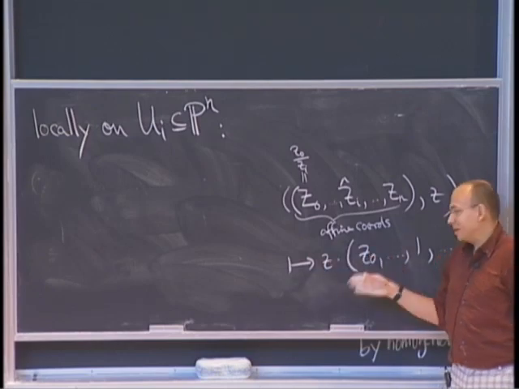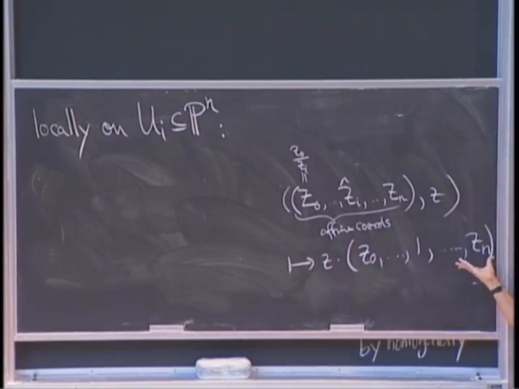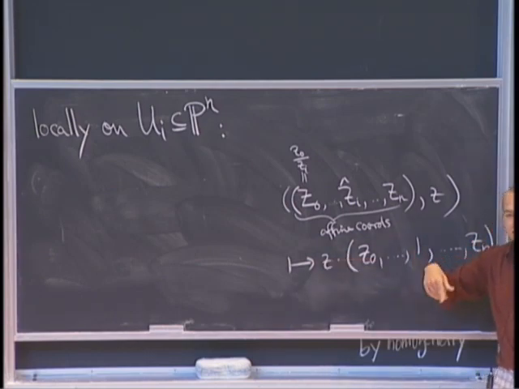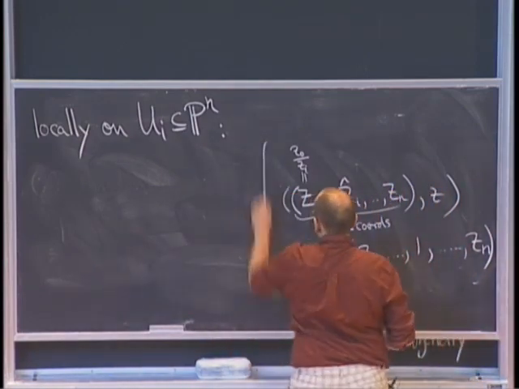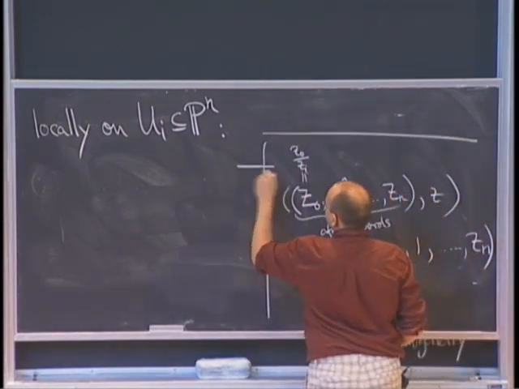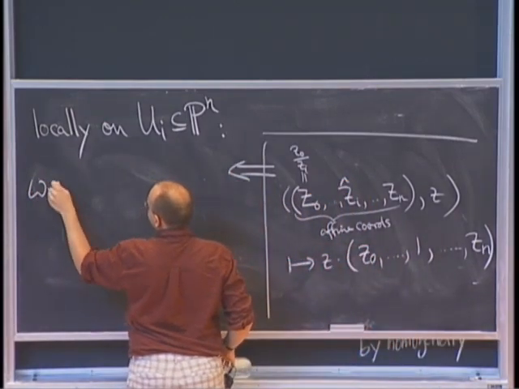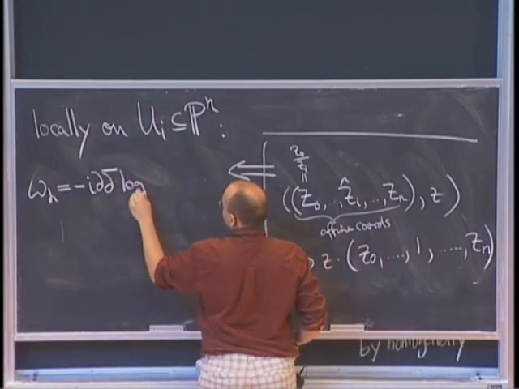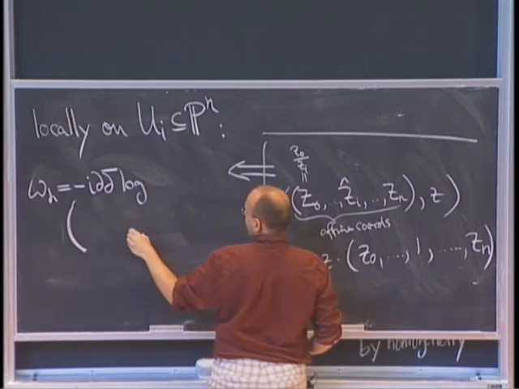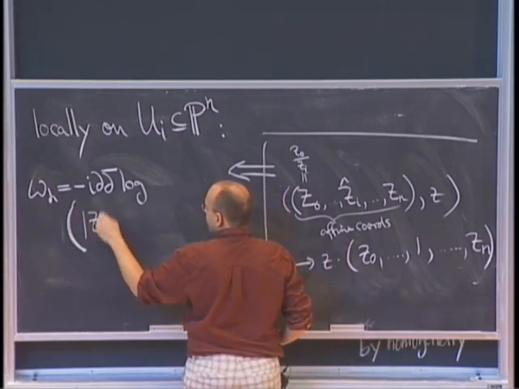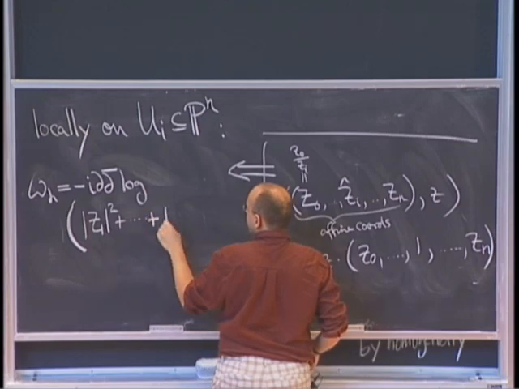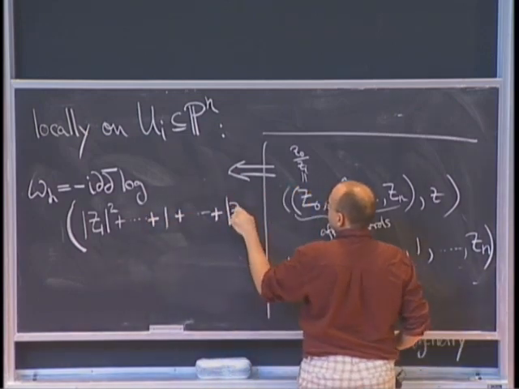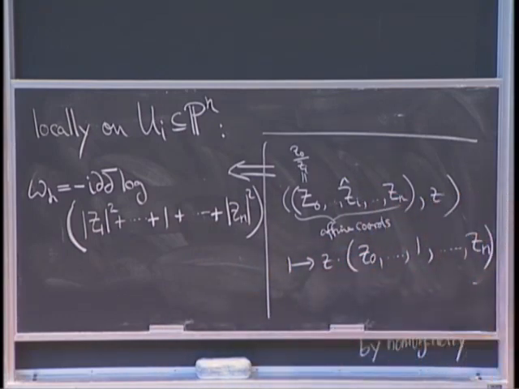So really, I have to take the Euclidean norm squared of this vector, but the mod z squared goes away if I take the del bar log. So what's left is what this stuff is telling me: that omega_h is actually equal to minus i del del bar log of the sum of mod z_j squared, plus 1 in the ith component.